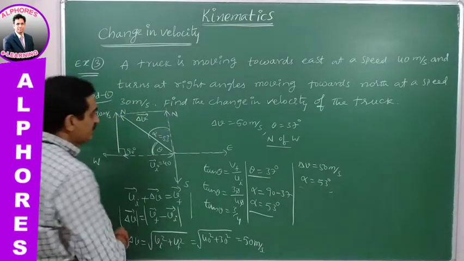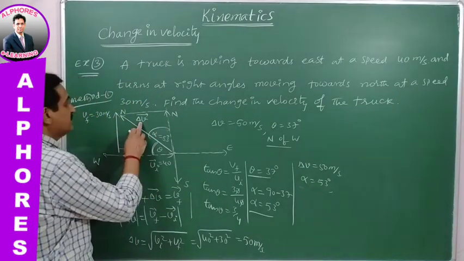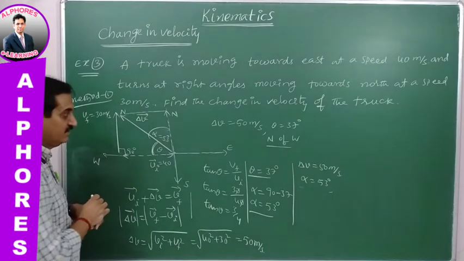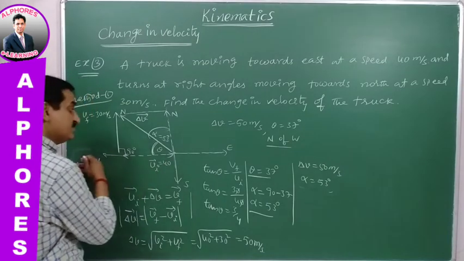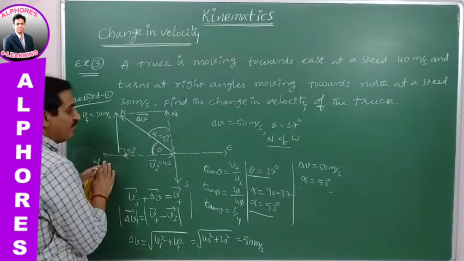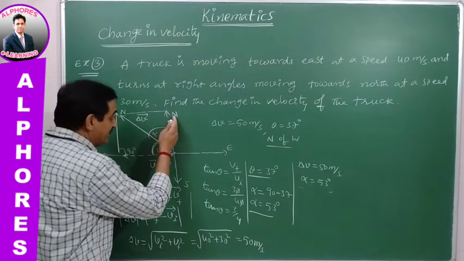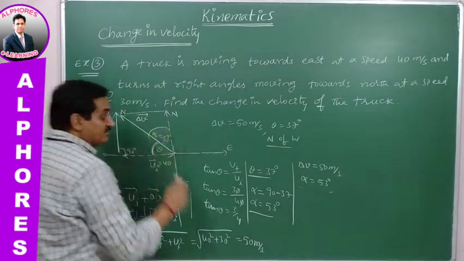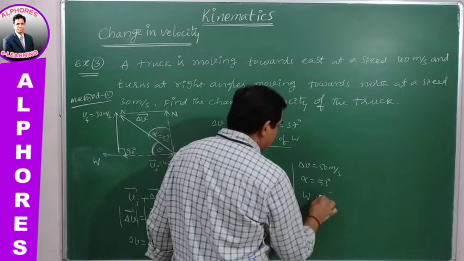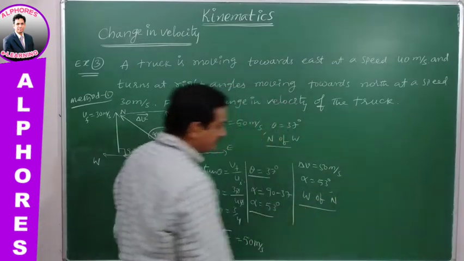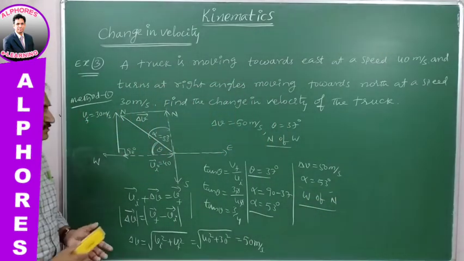Okay. Now towards which direction is the change in velocity presented? Towards west. Therefore it is west of north, since it is making an angle with north. So it's very clear.